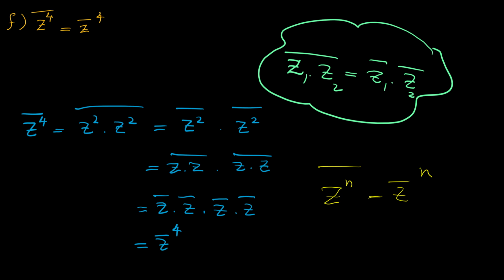So in general, not only for power 4 or 3 or 5, for any power, we can bring the power out of the conjugate. But for the proof of this, we need to be familiar with the induction method. I'll try to prove this in general with the induction method in another video, but in this video I'm not going to show it to you.